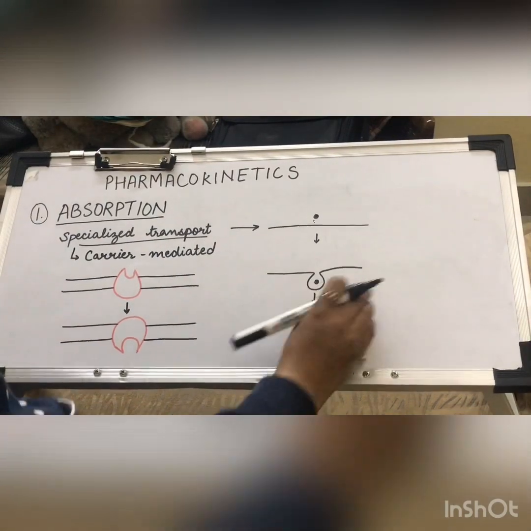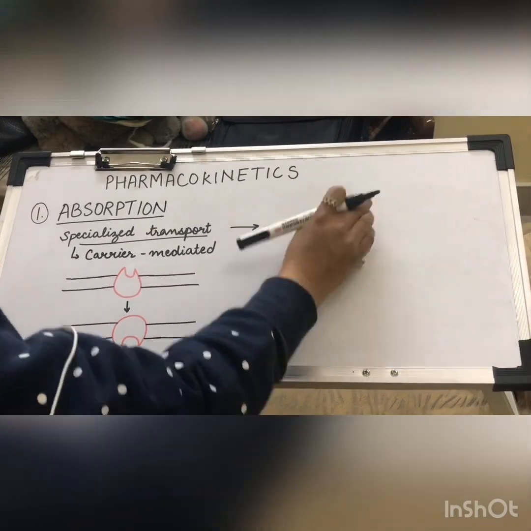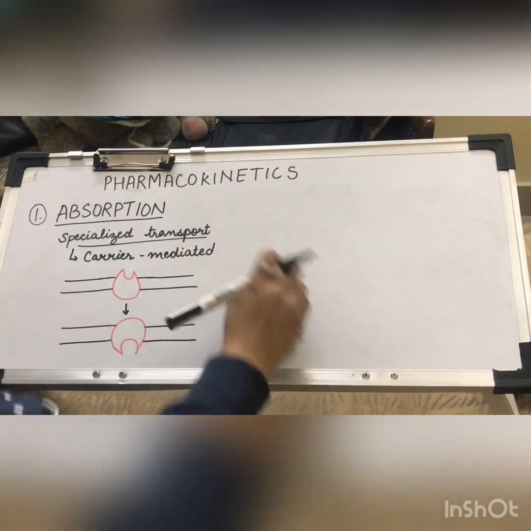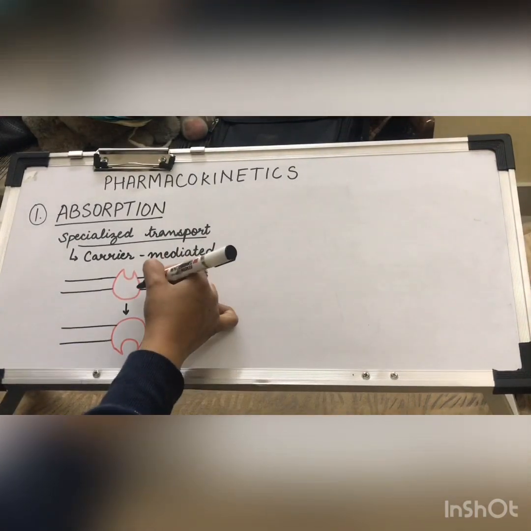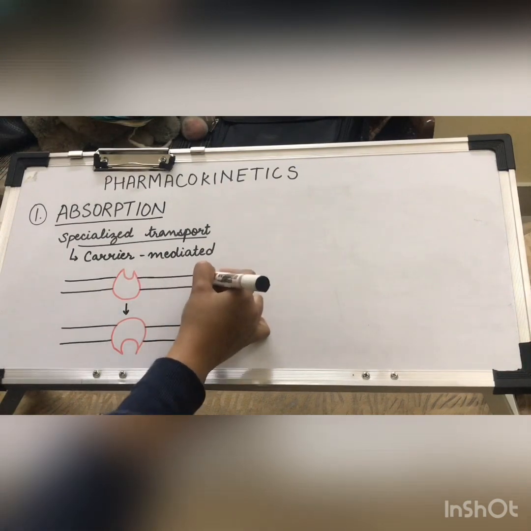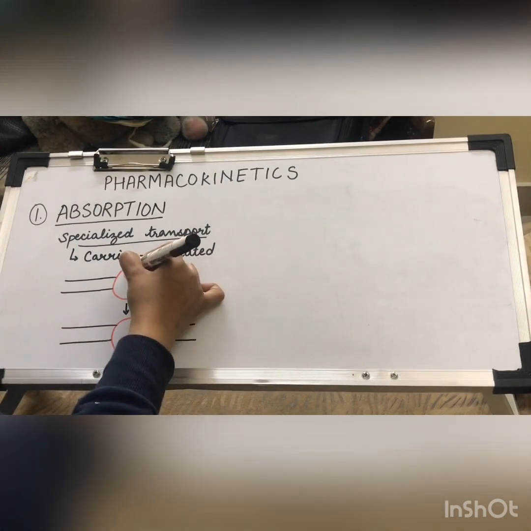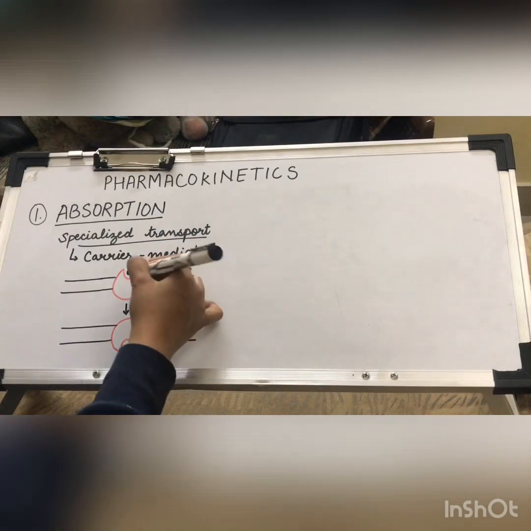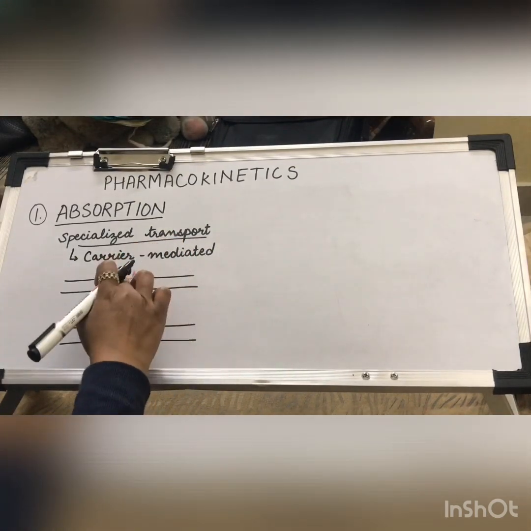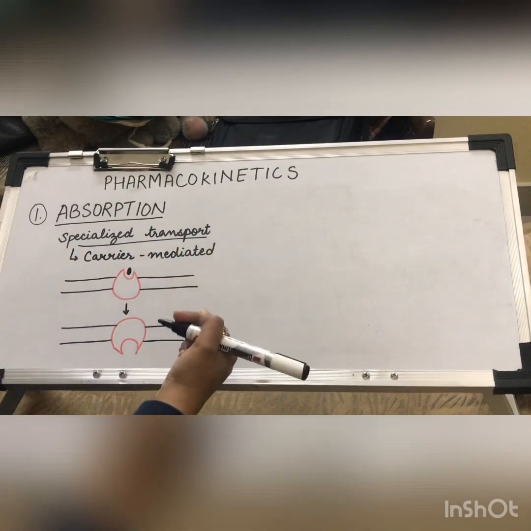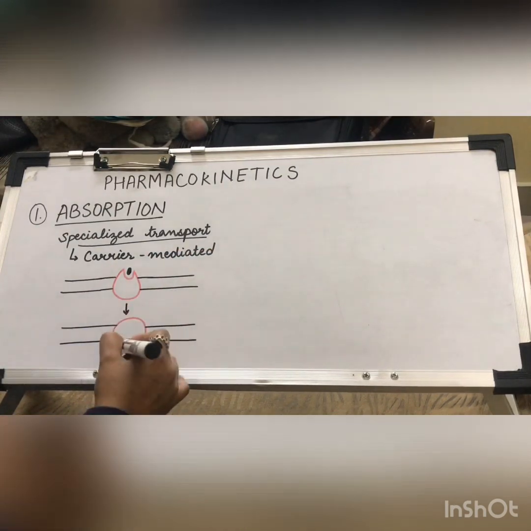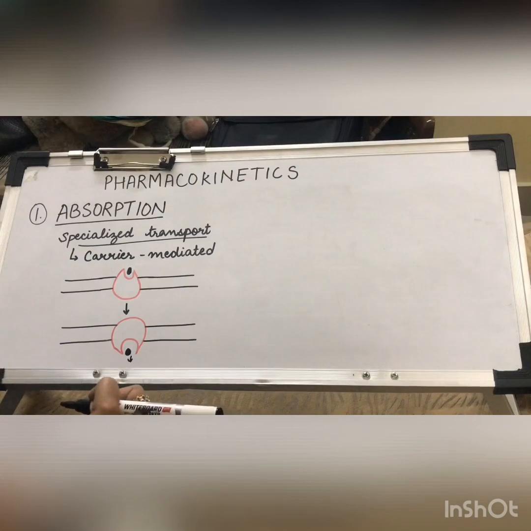But the major carrier transport is the specialized transport, in which there is a carrier protein on the cell membrane, and when a substrate or the drug molecule comes and attaches to this carrier protein, it undergoes a conformational change and transfers this drug molecule towards the intracellular fluid of the cell.